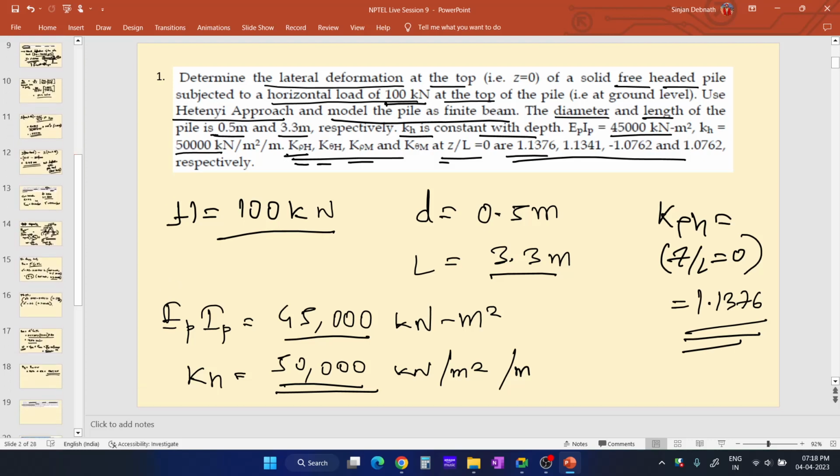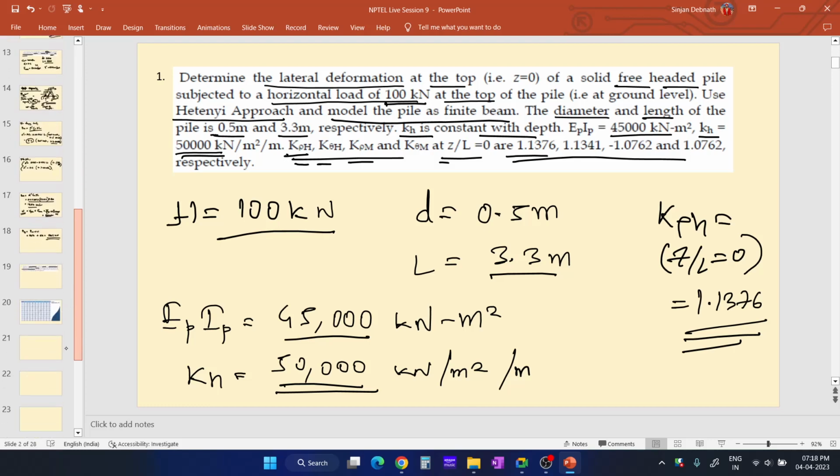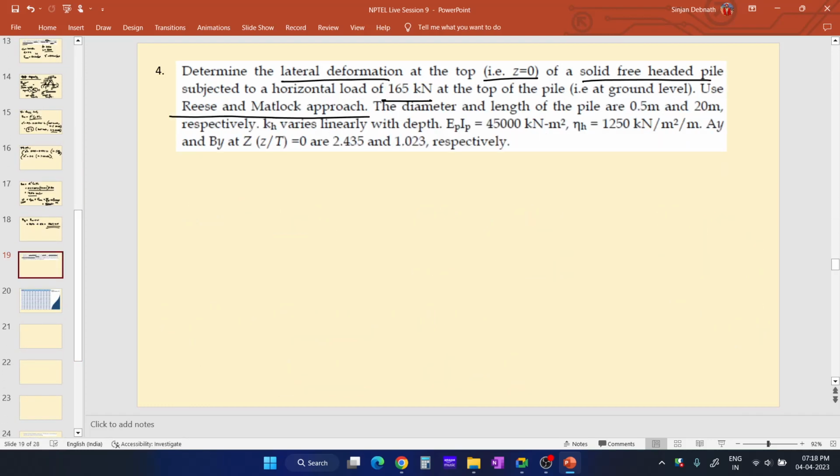But in the Reese and Matlock approach, the horizontal subgrade modulus varies linearly with depth.